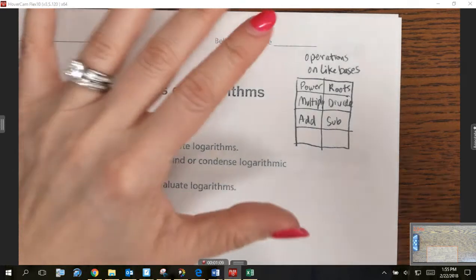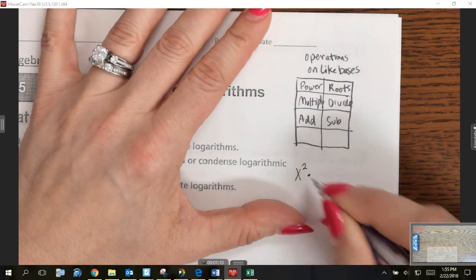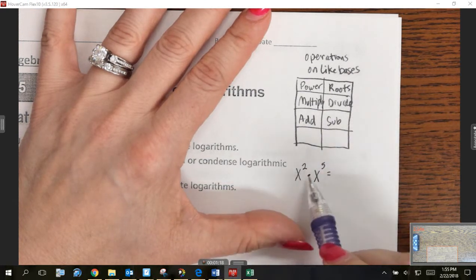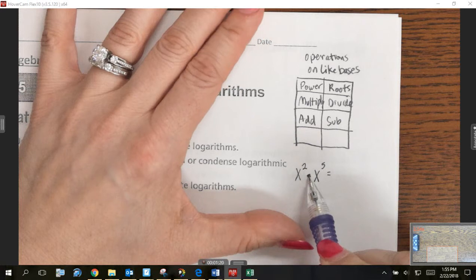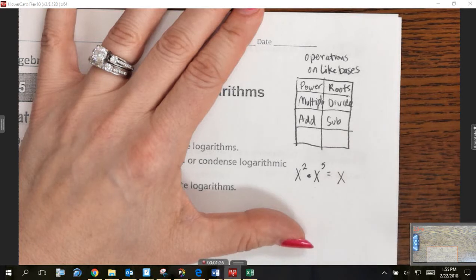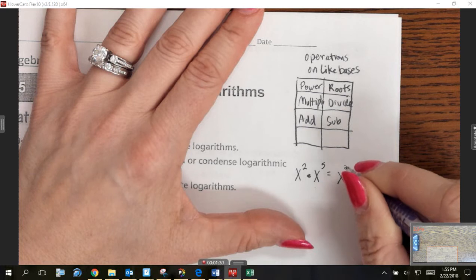For example, if we had something like x squared multiplied by x to the fifth, these are like bases and we are multiplying. How do we simplify this? How do we multiply this together? We write x to the what? How do you get 7? You add your exponents.